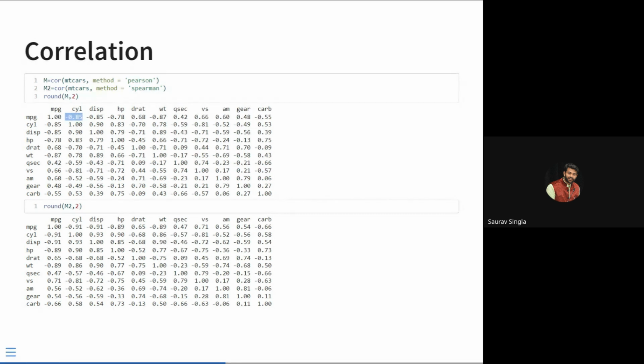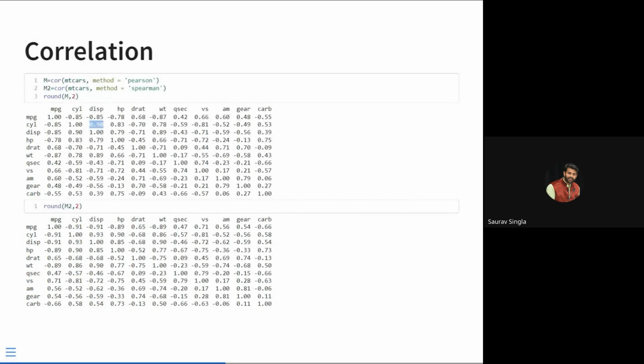Similarly, can you tell me what this value 0.90 is telling you, the correlation between which two variables? Okay, okay, right, right.